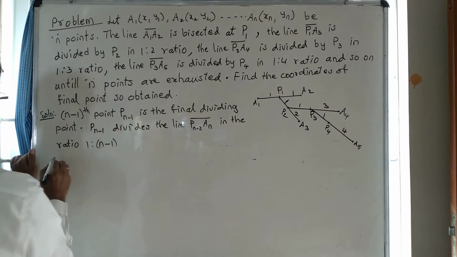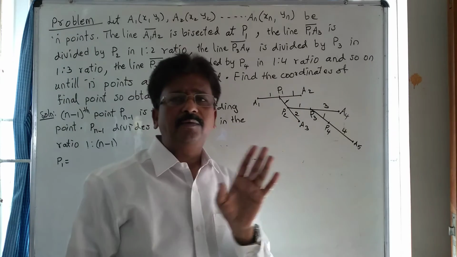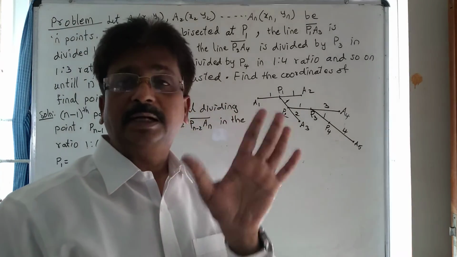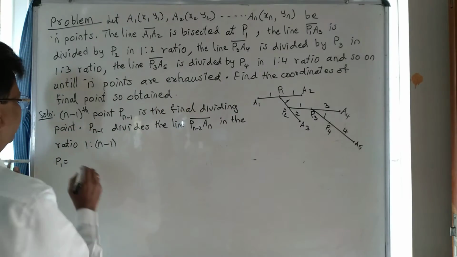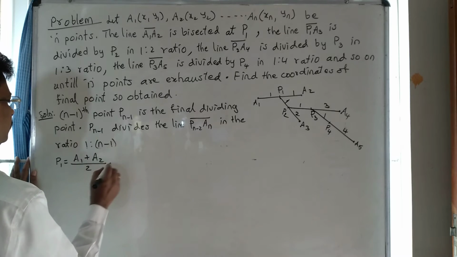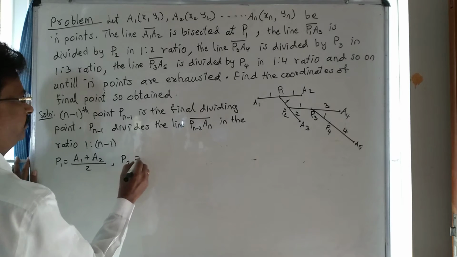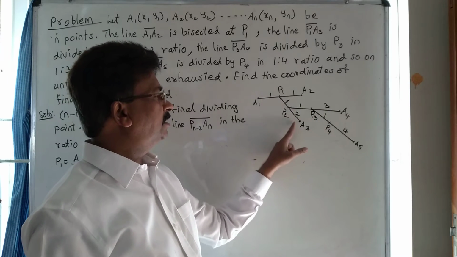First P1, it is the midpoint. Therefore I will write A1 plus A2 by 2. I don't write the x1, y1, x2, y2. A1 plus A2 by 2. Next, P2, you see the P2, where does it lie?